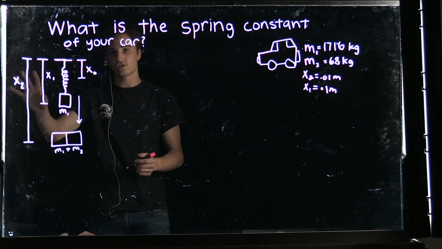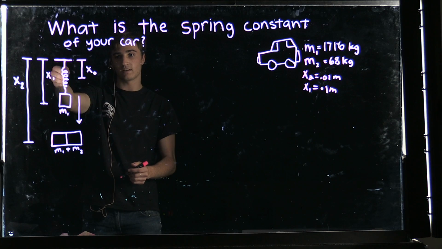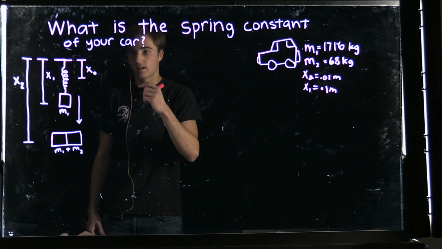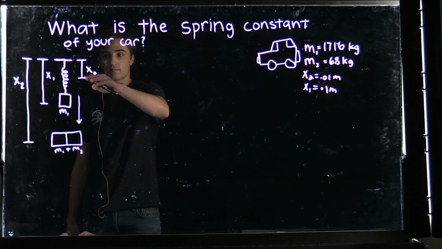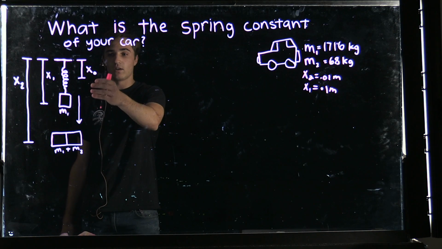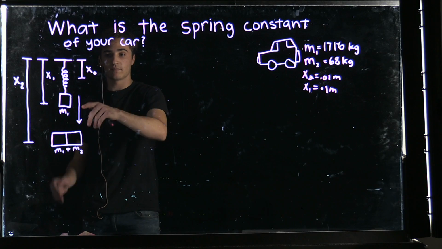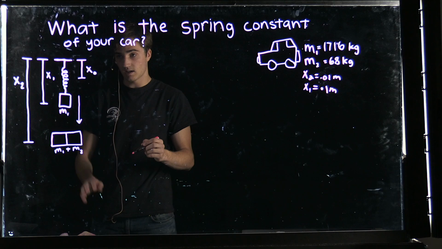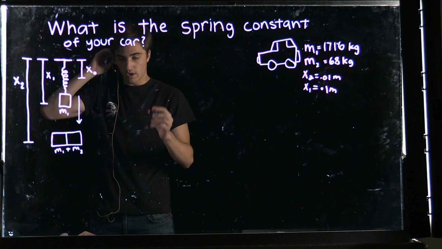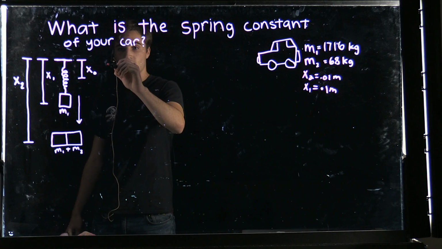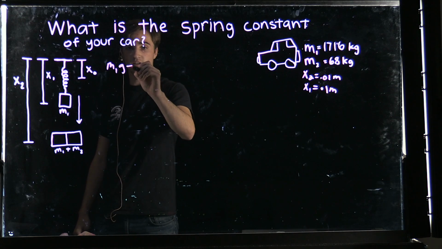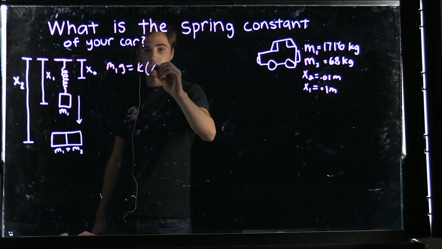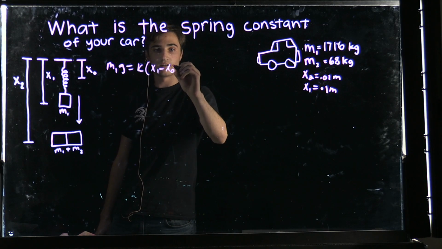In another situation, we have a mass hanging from the ceiling attached to a spring. We don't know the equilibrium length, so we call it x naught, and we call the length of the stretched spring with the mass on it x1. So the equation with one mass is m1 times g equals k times (x1 minus x naught).